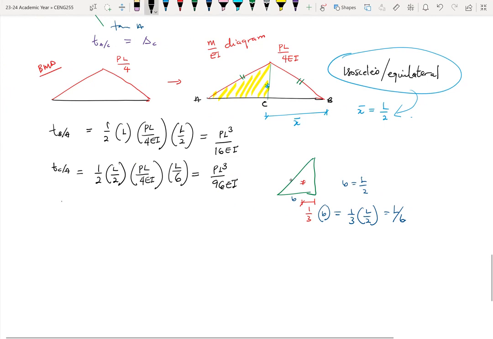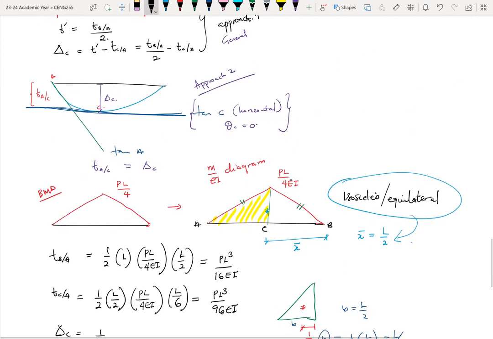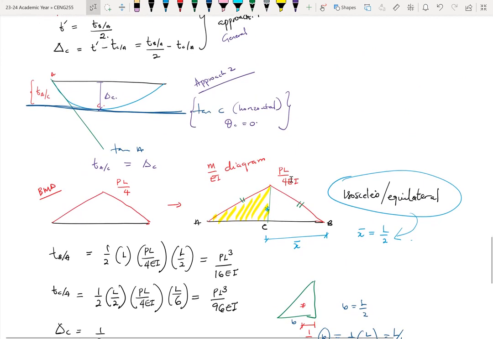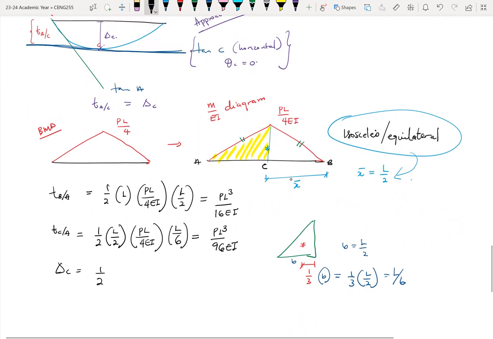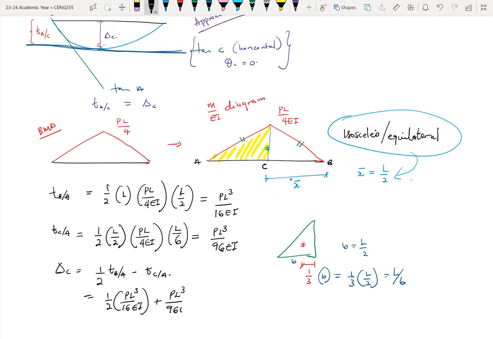So it means that our delta C here is half of TBA minus TCA. So this becomes half of PL cubed over 16EI minus PL cubed over 96EI. Not plus, minus.